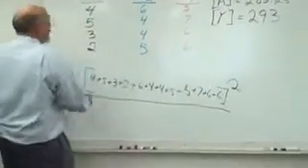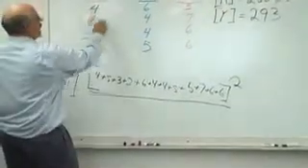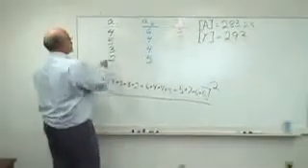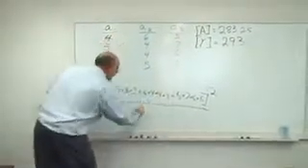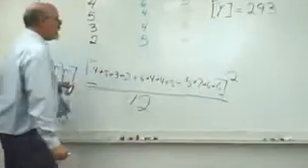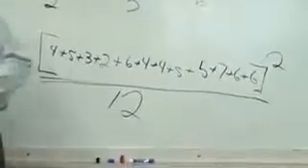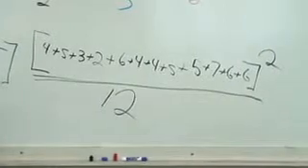this sum by the total number of individuals in all groups. So there's 1, 2, 3, 4, 5, 6, 7, 8, 9, 10, 11, 12. So you're going to divide that number by 12. Got it?